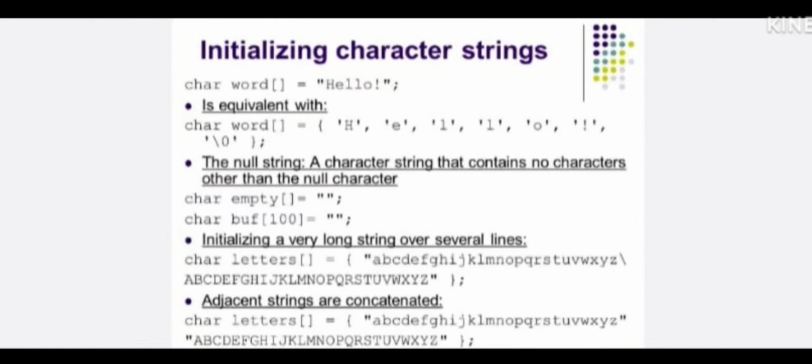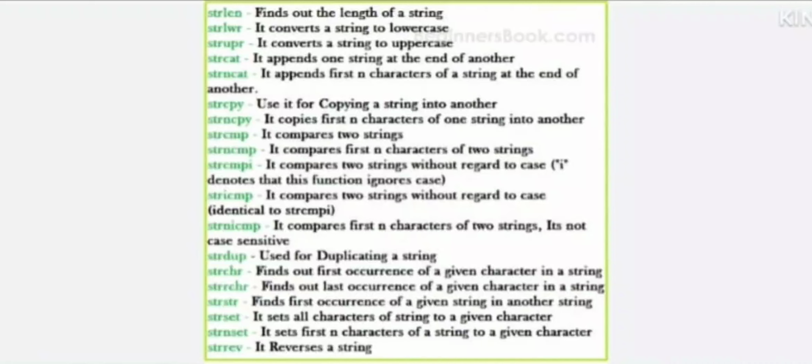The null string is a character string that contains no characters other than the null character. For example, char empty[] = ""; char buff[100].